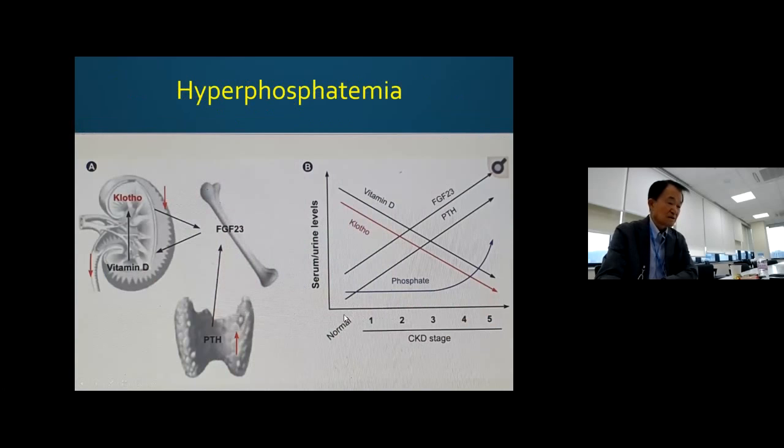You can see in renal disease, if the renal disease is getting worse, phosphate is going up, parathyroid hormone is going up, and fibroblast growth factor is also going up. On the other hand, vitamin D is down, and Klotho is down.